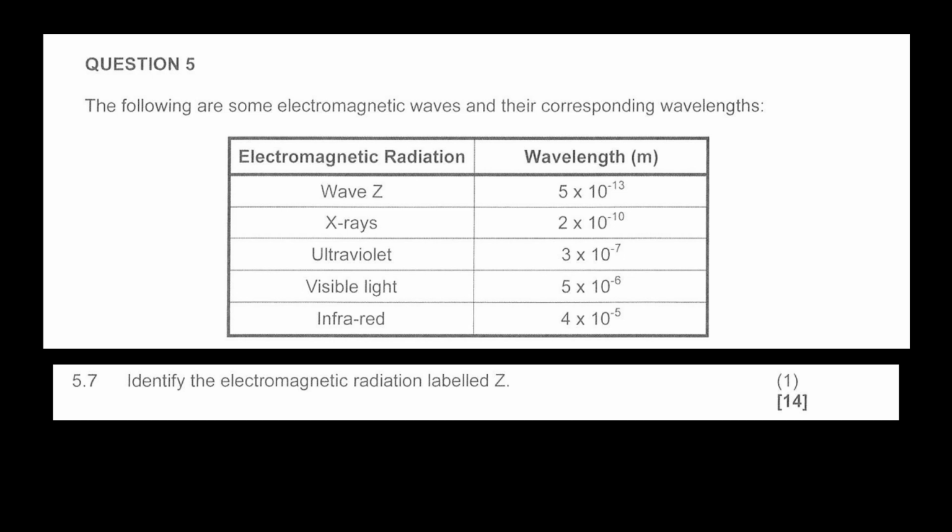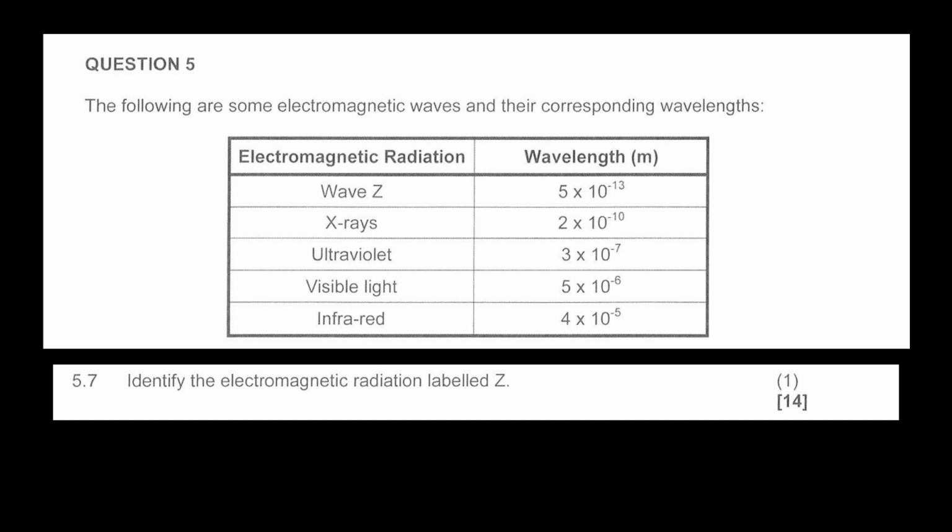To answer this question, you need to have memorized the arrangement of electromagnetic radiation on the spectrum in order of either wavelength or frequency. The electromagnetic radiation in this table are arranged in terms of decreasing wavelength, from the shortest wavelength, which is wave Z, to the longest wavelength, which is the infrared.